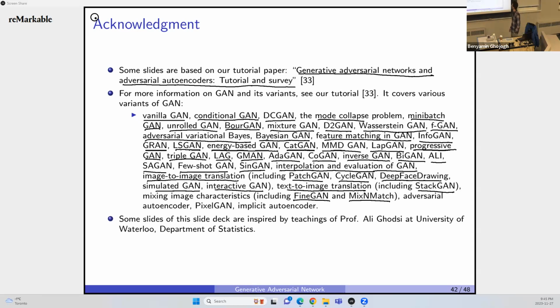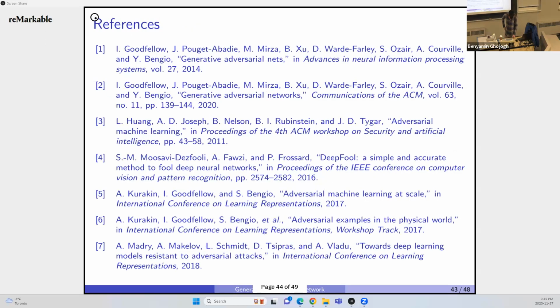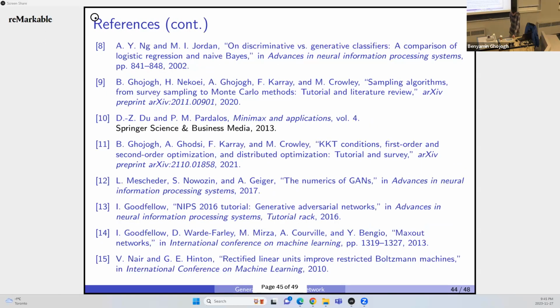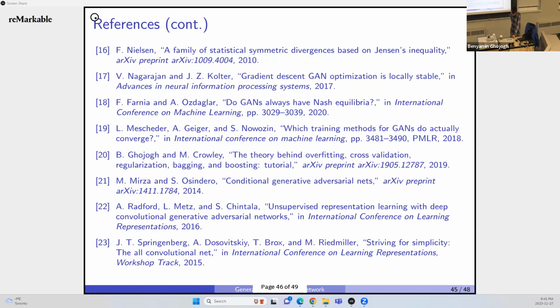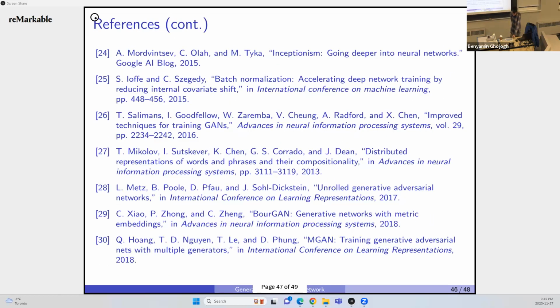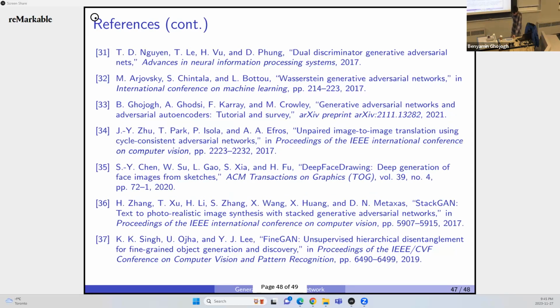And some slides are also inspired by teachings of Professor Ali Ghodsi at the University of Waterloo. And these are all of the references that we have. Feel free to see our tutorial paper.